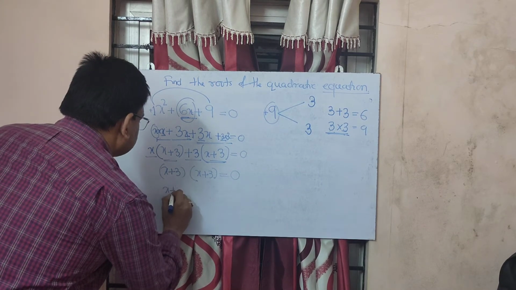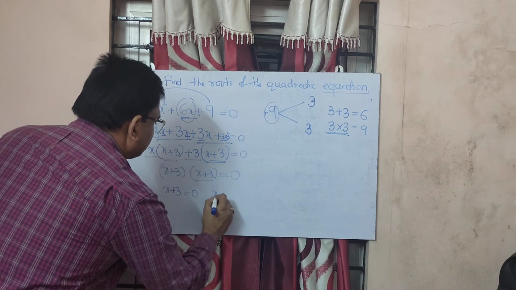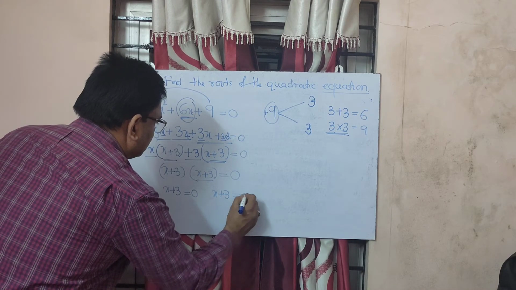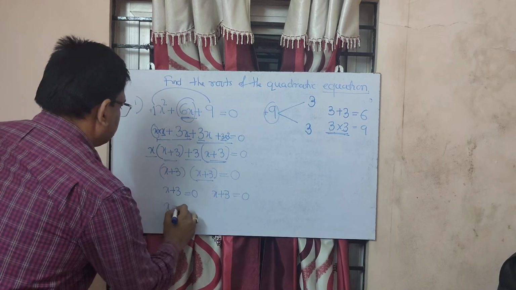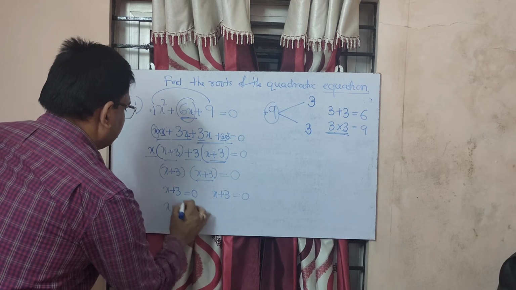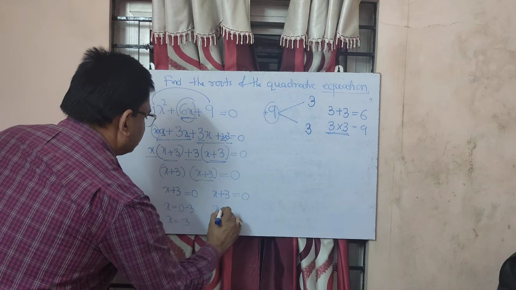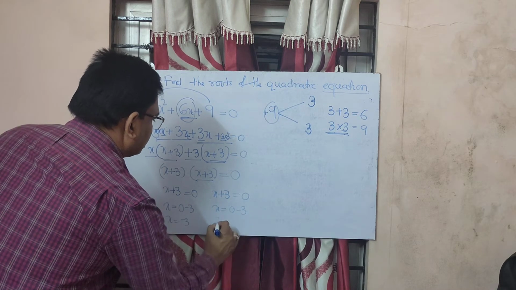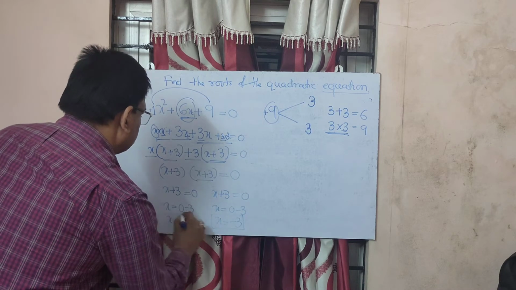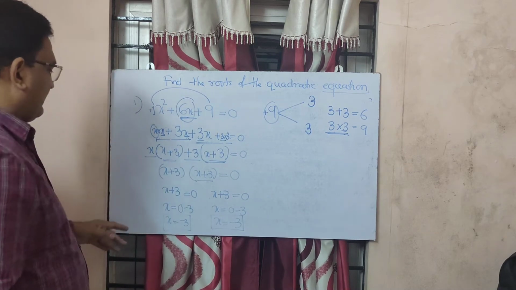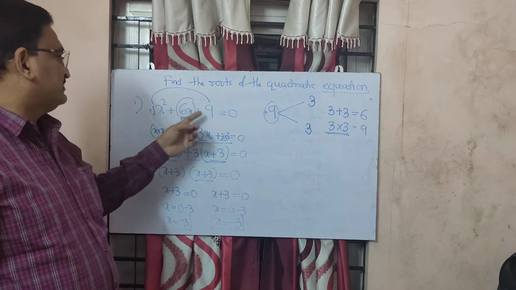So x plus 3 is equal to 0, and again x plus 3 is equal to 0. x is equal to 0 minus 3, so x equals minus 3, and again x equals minus 3. These are the roots of this equation.